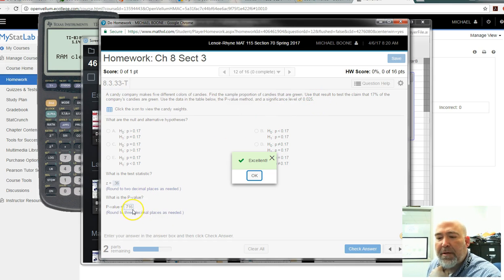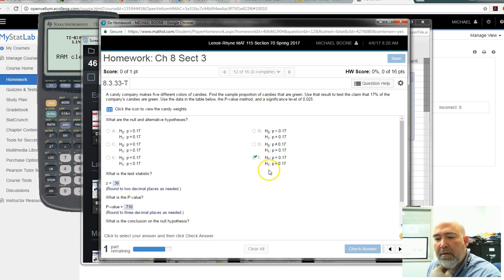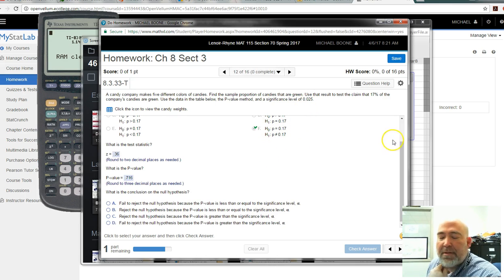If the p-value is lower than our alpha, is 0.716 smaller than 0.025? It is not. So that means that if the p is lower than the alpha, then the null hypothesis has to go. Ours is not lower, so that means we keep the null hypothesis, right?